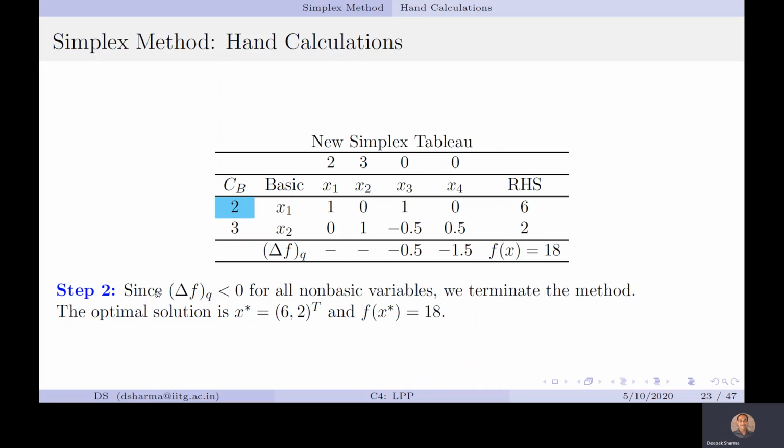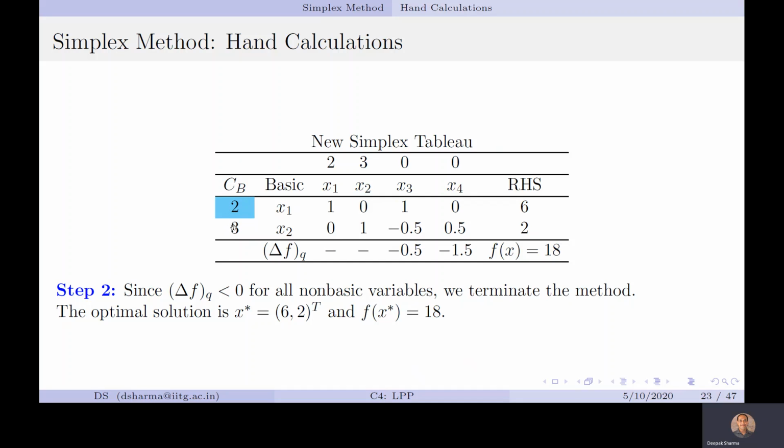Since the delta FQ values are smaller than 0 for all non-basic variables, we should stop our simplex method. Now, as I defined earlier, what is the solution? Look at the basic column and the right hand side. In this case, x1 is equal to 6 and x2 is equal to 2 is the optimum solution. And what is the objective function value?